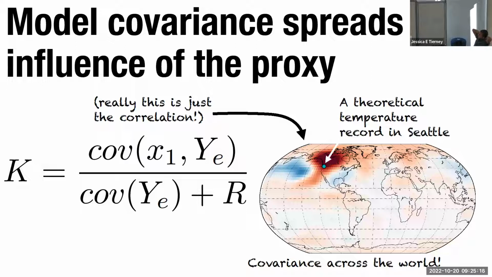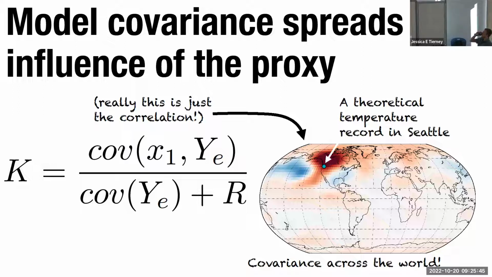What I like about this figure, which Badger made, not me, but I've been using it in all my talks, is that it explains what's happening in the numerator covariance calculation. If you have a proxy record in Seattle, and you calculate the covariance of the estimate of what the proxy is in Seattle, in a model world, with the entire state vector, let's say it's air temperature, this is the pattern you might get. Actually, it's probably correlation as signs, right?